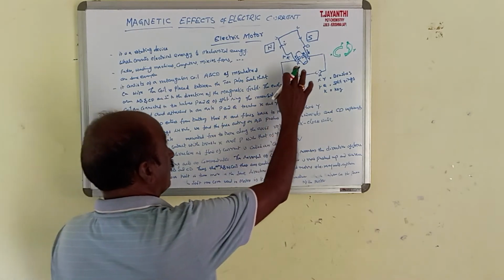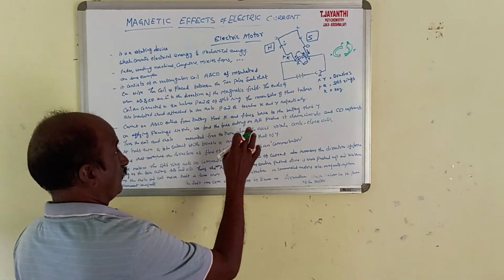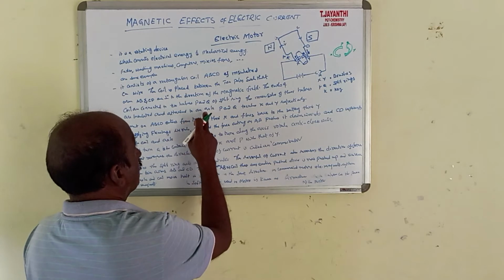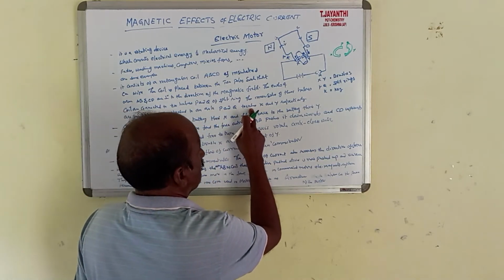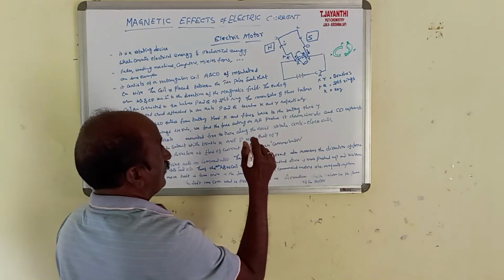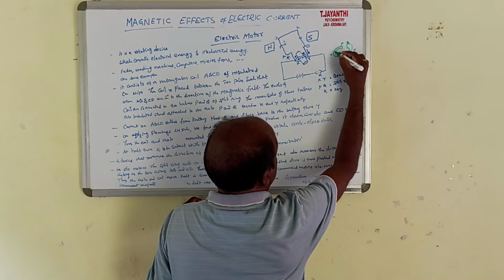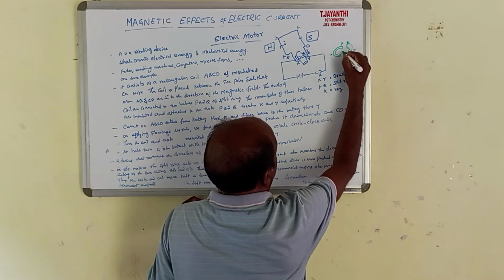For better understanding, I have drawn like that on the other side of the schematic diagram. Insulated and attached to the axle, P and Q touch X and Y respectively. This P and Q touch this X and Y with this axle.